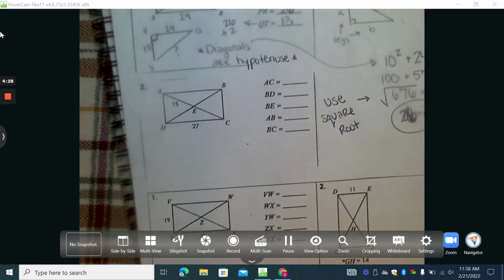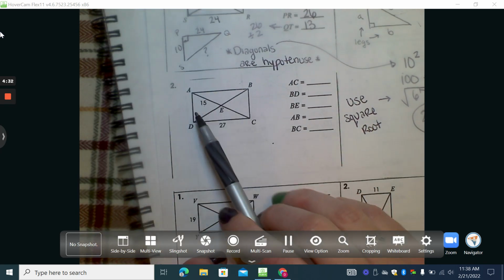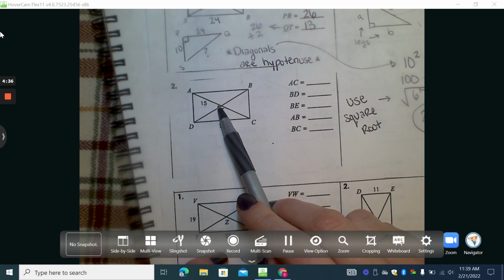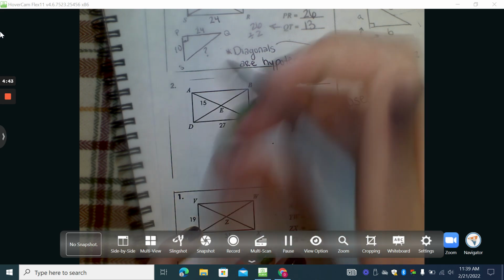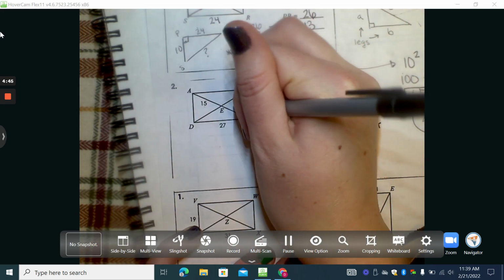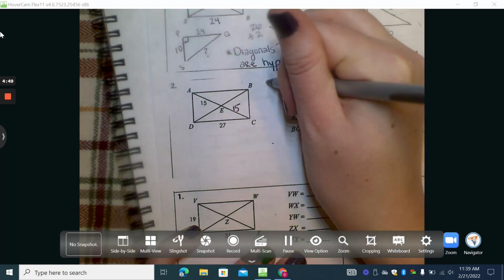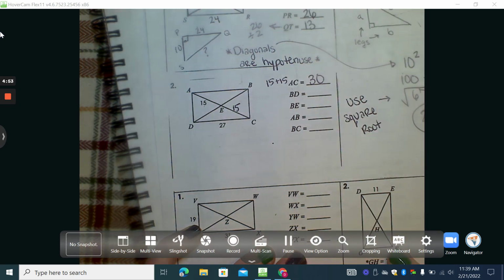Let's look at number 2. Same idea here. However, it's starting off by giving us A to E is 15. And I know that my diagonals bisect each other. That's a parallelogram thing. So if this is 15, that means this is also 15. And AC is really just 15 plus 15, or in other words, 30.